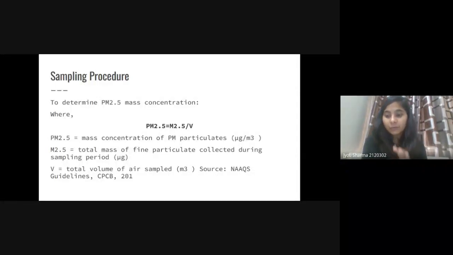The flow rate unit will be meter cube per second or per minute, and the time is in minutes. So what should be the formula to calculate the volume using flow rate and time?